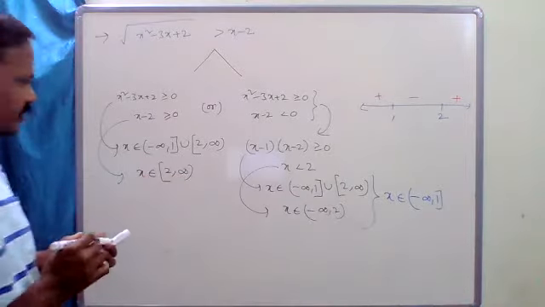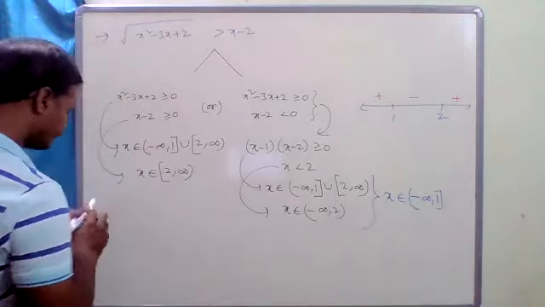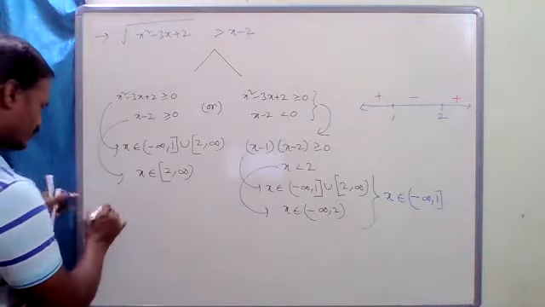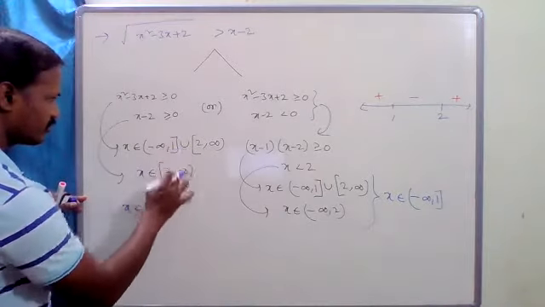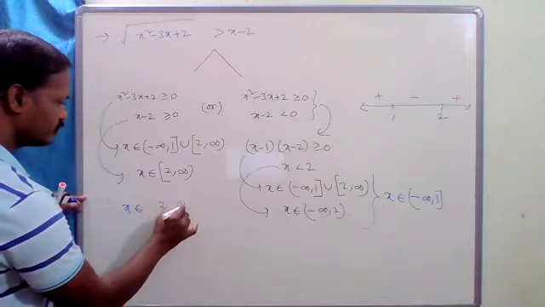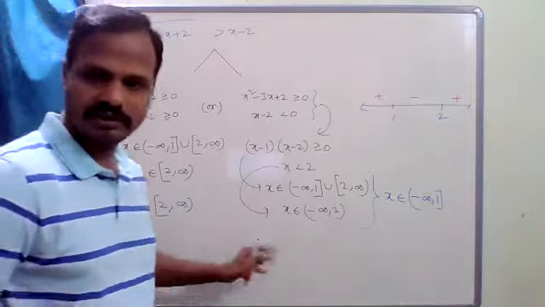Now what is the intersection of these two? So therefore x belongs to the intersection of these two, that is 2 to infinity.